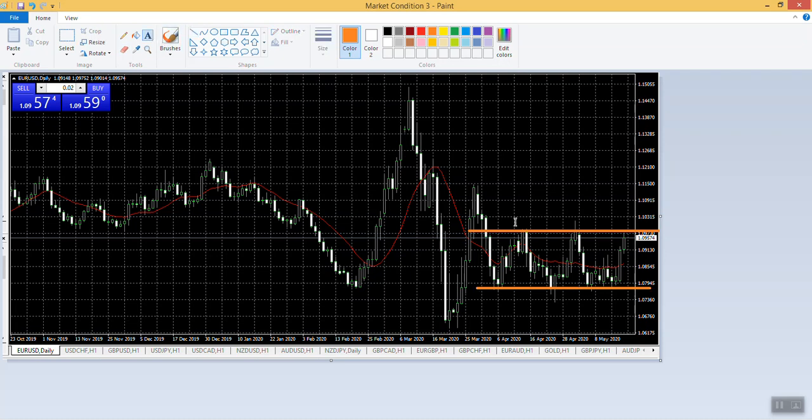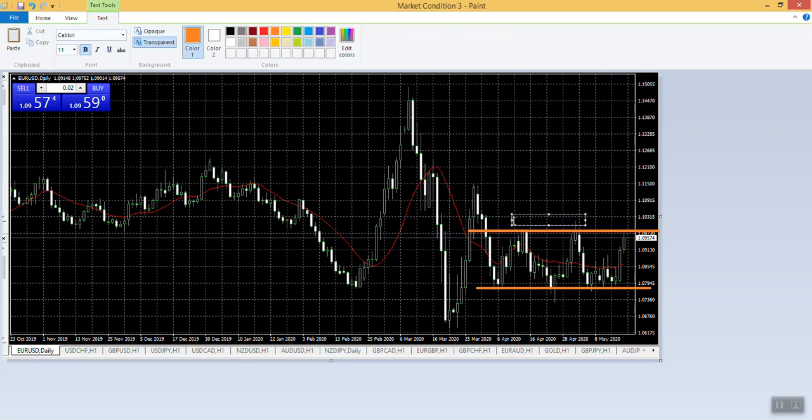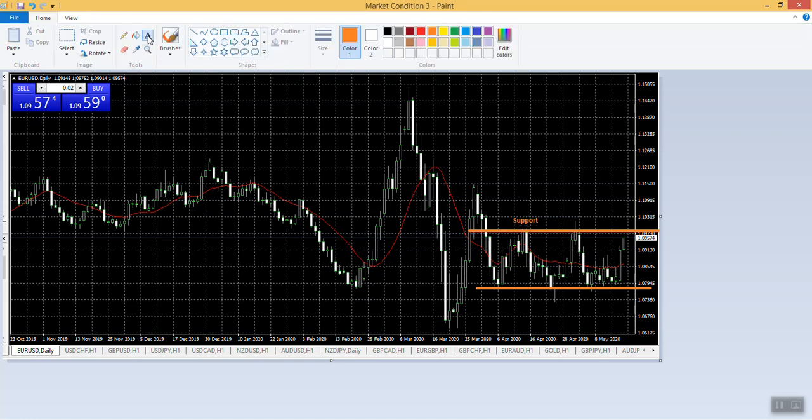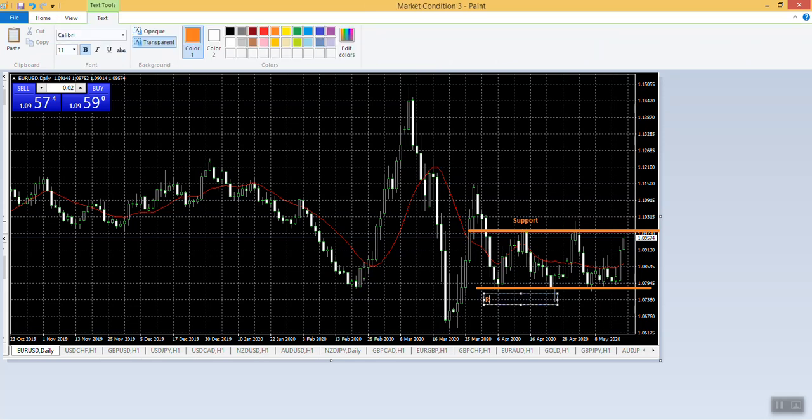Now in this place, this is a support. You can see this is a support. Now when it touches down, it becomes what we call a resistance. So here, this is what we call a resistance.